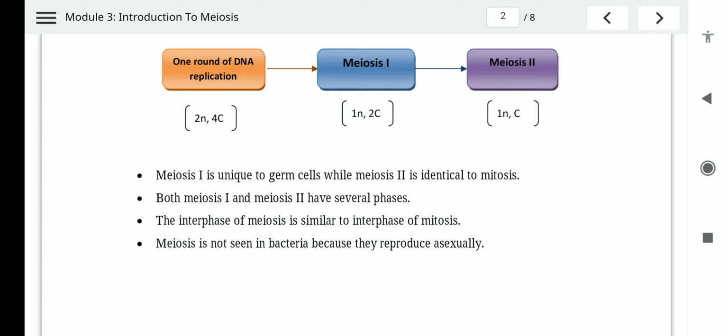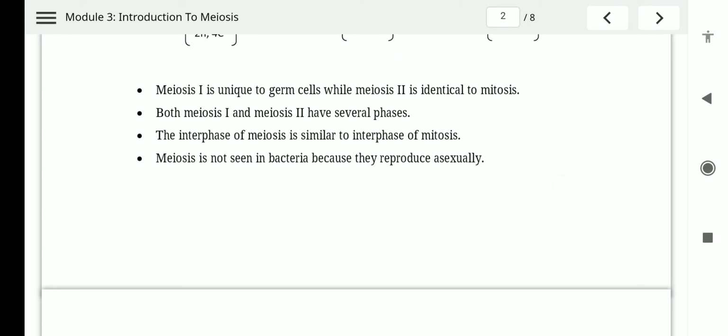Whatever characteristics of interphase occur in mitosis division, similar characteristics occur in meiosis also. Students, meiosis is not observed in bacteria because they reproduce asexually, though some bacteria also reproduce sexually.